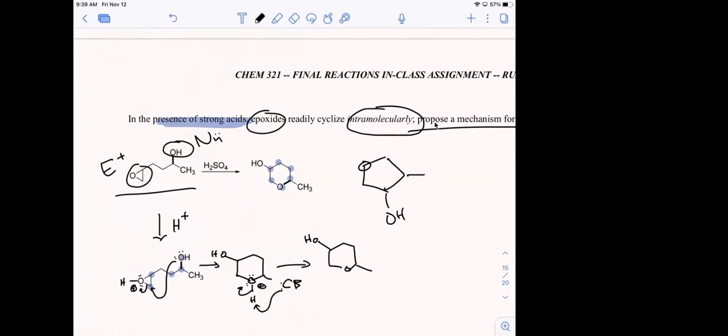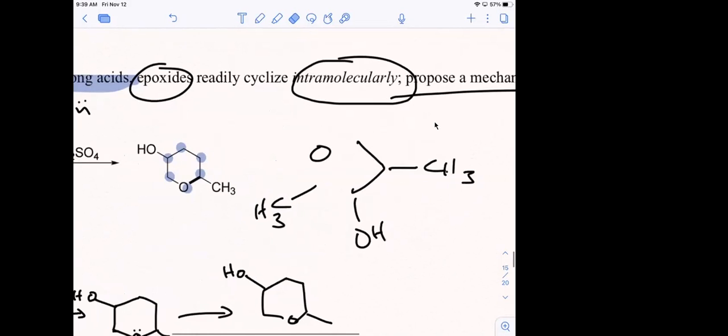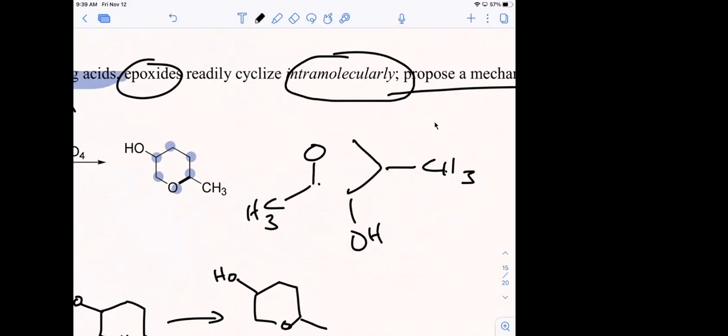Wouldn't you just have to open the epoxide from that other carbon? Yes, that's exactly right. So if I wanted the 5-membered ring, which in all honesty you probably want to get a little bit of both, right?